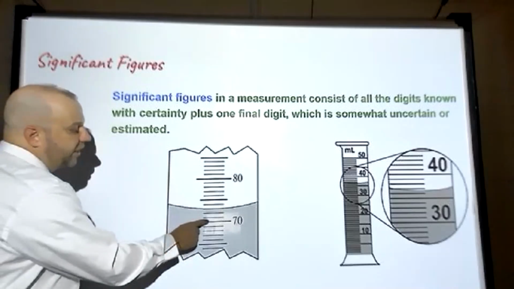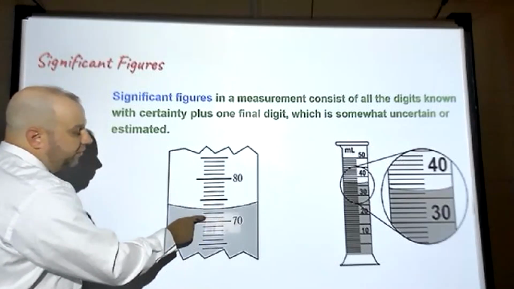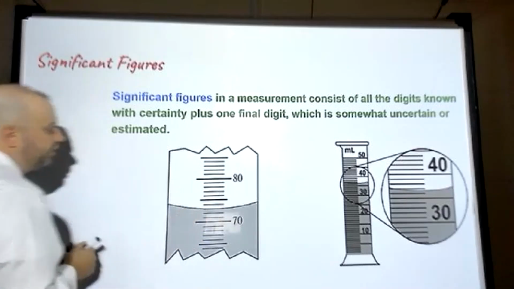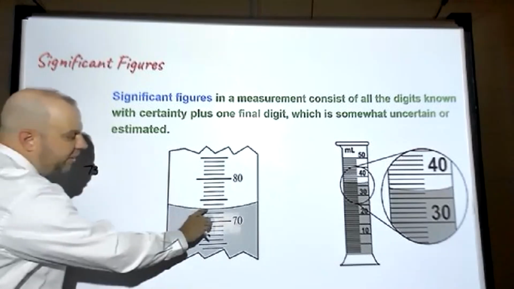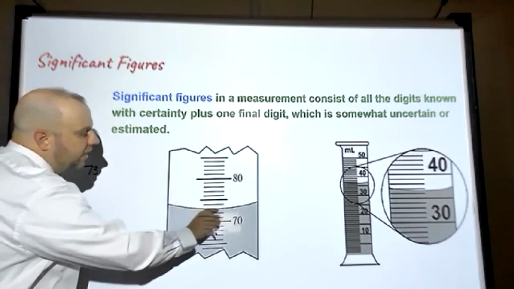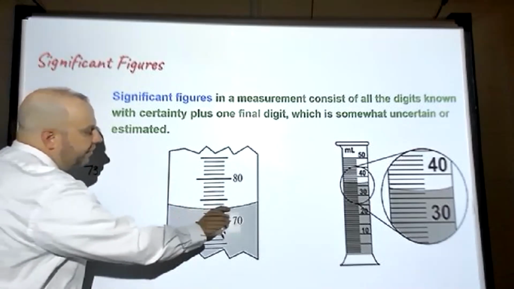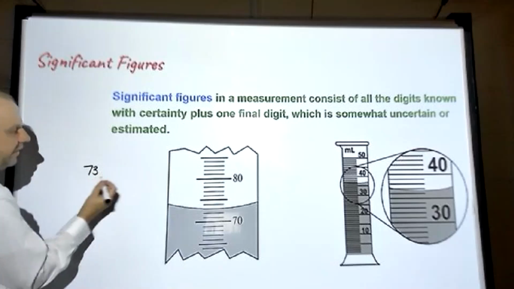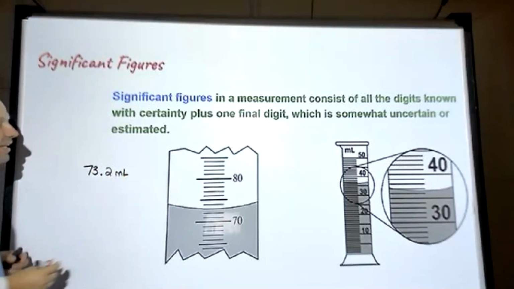So we would say that this meniscus has a volume of 71, 72, 73. And because it's slightly above that line, so if you notice the line is here and there's a very, very thin layer right above it, we might say 73.2 milliliters.